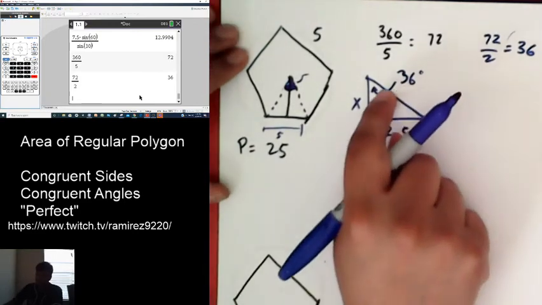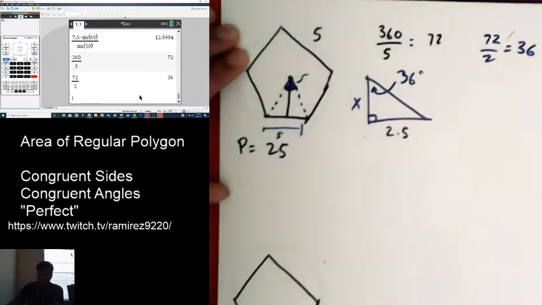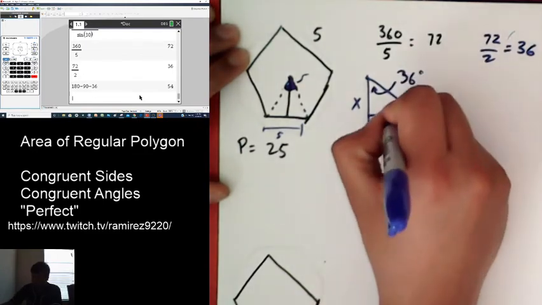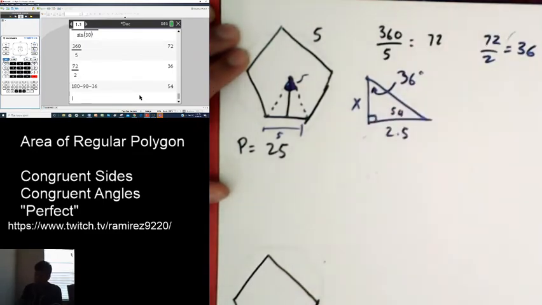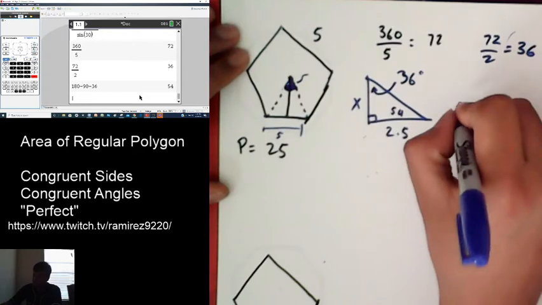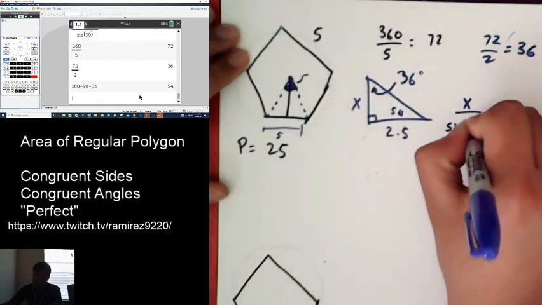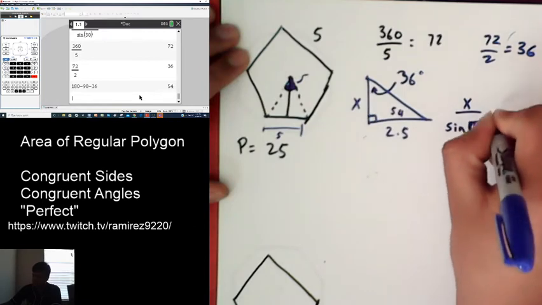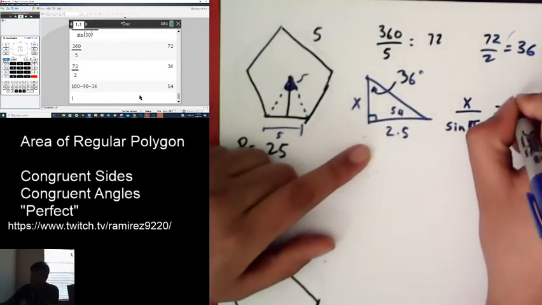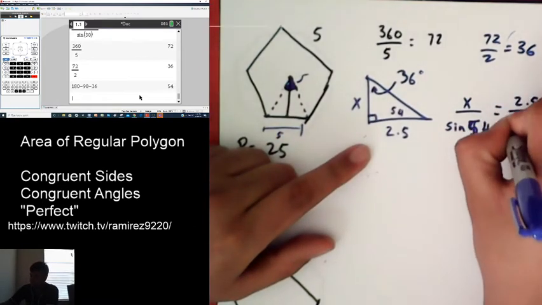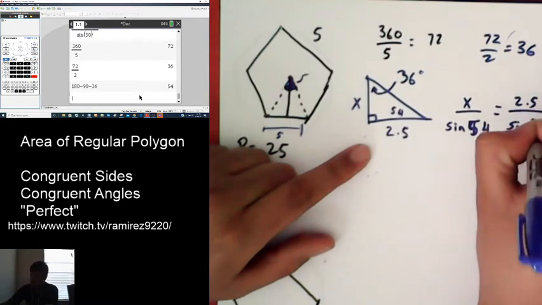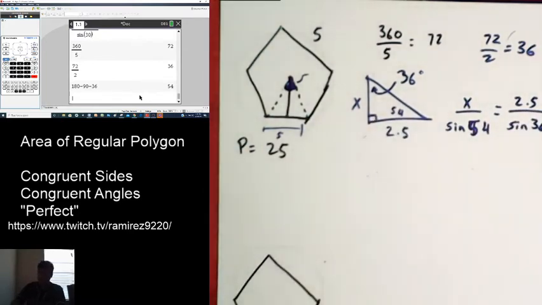And if that's 36, again, 180 minus 90 minus 36, because the angles add up to 180. So this has to be 54. So a quick law of sines, x is to the sine of 54, just like 2.5 is to the sine of 36. I do a quick cross multiplication.